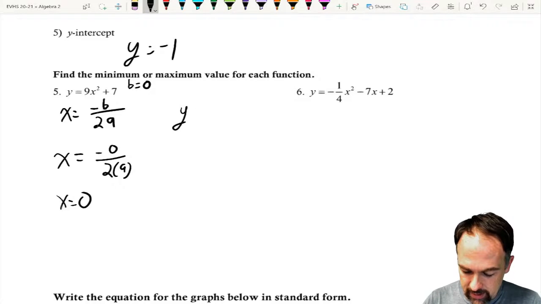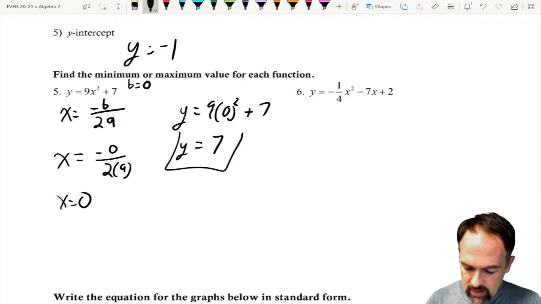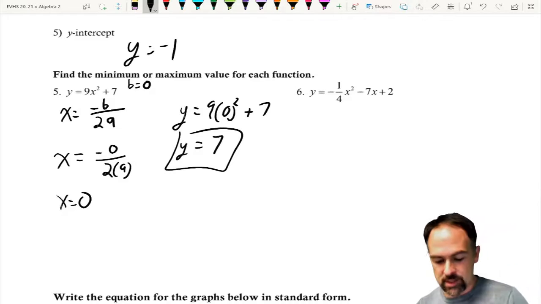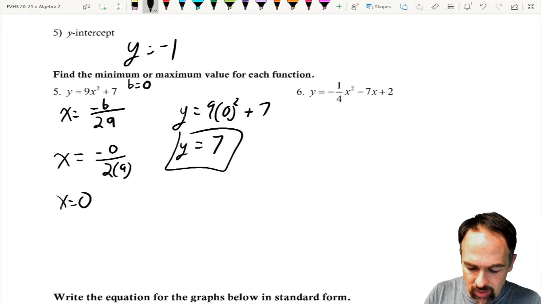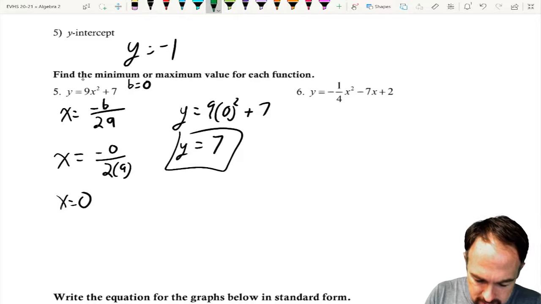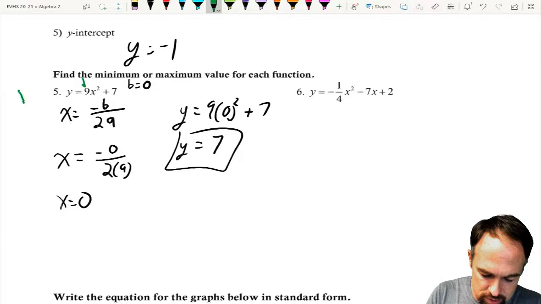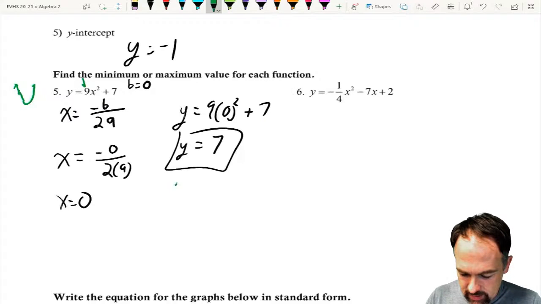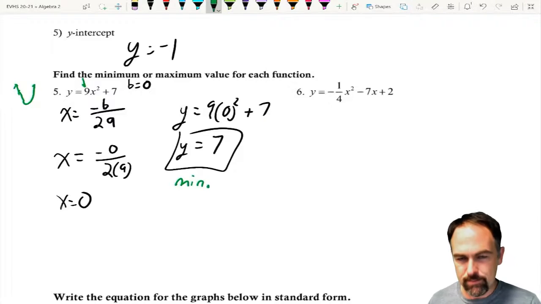Plugging in, I get 9 times 0 squared plus 7, which is just 7. We also need to say whether it is a minimum or a maximum, and we can tell based on the a value, because this positive 9 means it's opening up. So this y equals 7 is a minimum value.